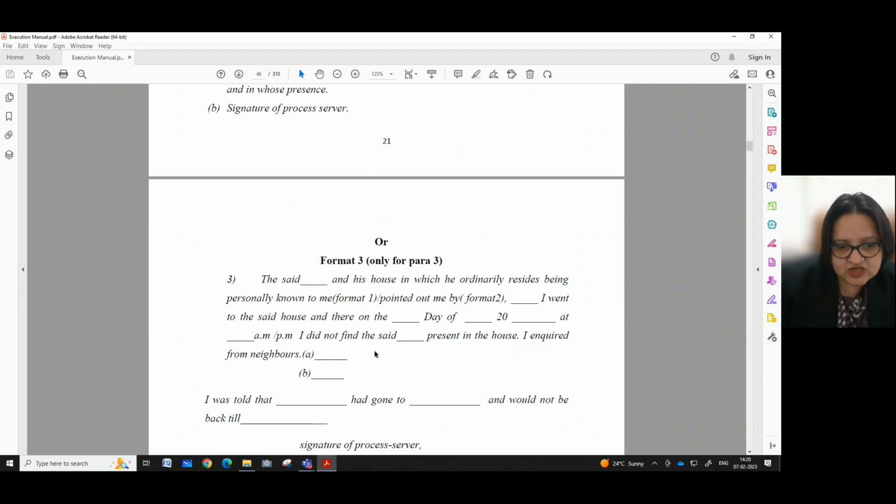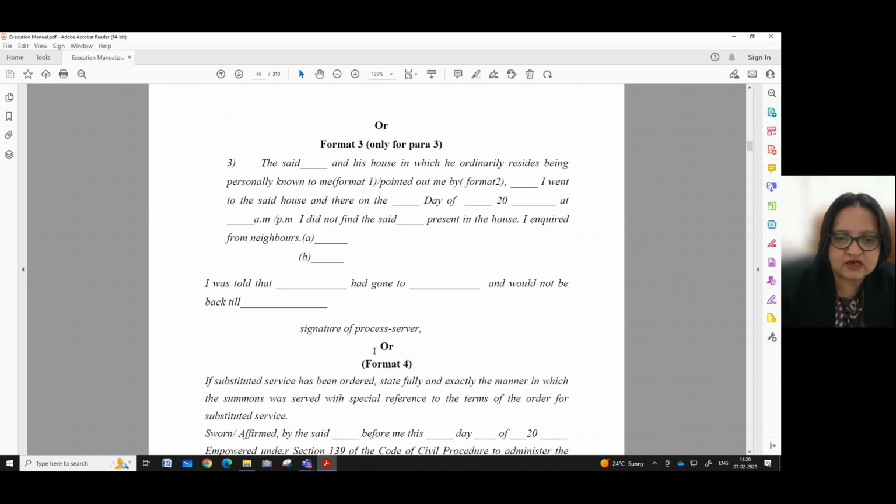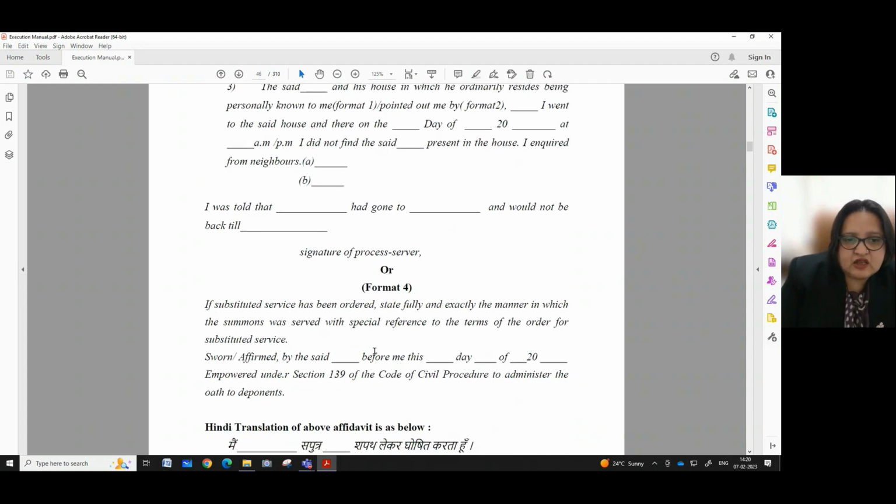I was told, that is the process server was told, that the said person upon whom the summon is to be served had gone to, again there is a dash where the process server will write as to where the defendant or the witness or the judgment debtor or any other person has gone and would not be back till the time when the person would be back. He has to fill up this information, and thereafter the process server will do his signature.